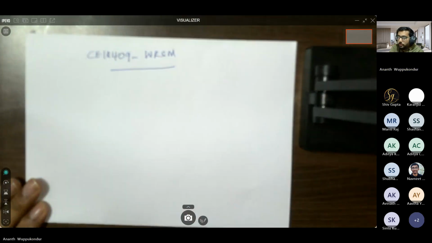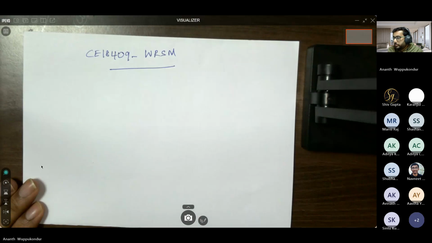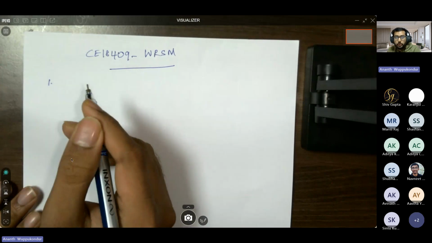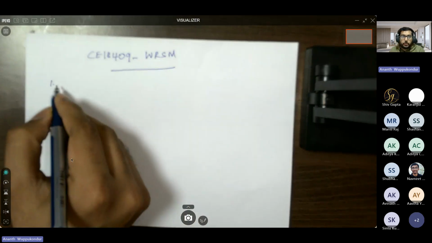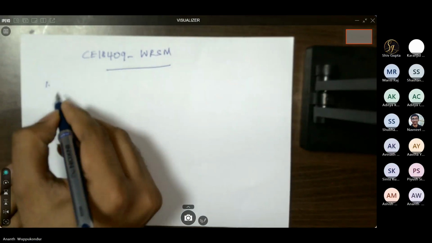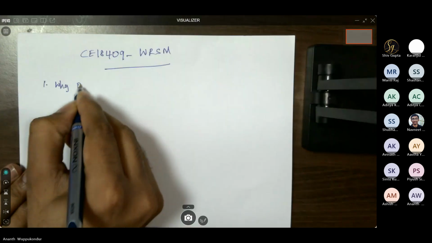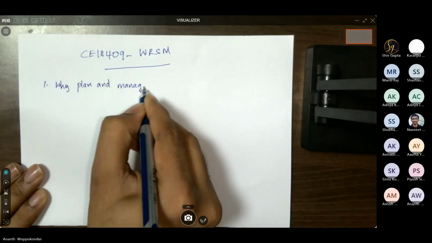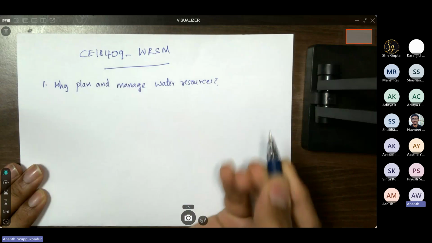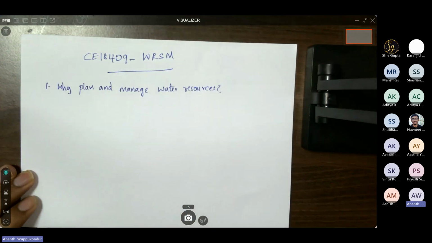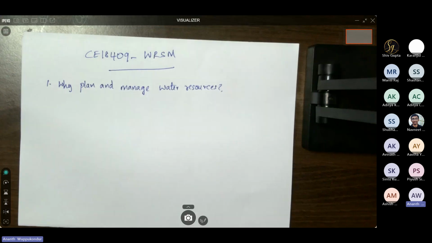In the last lecture, we saw why we need to plan and manage water resources, because when you want to plan a new project, you need to consider the needs not only at this point, but also the water demands of the future.